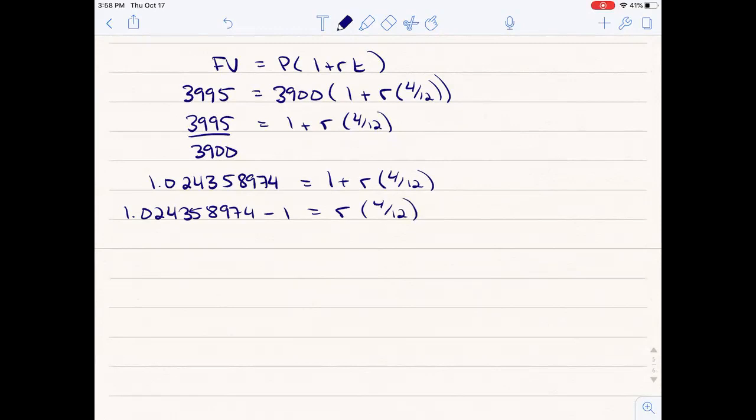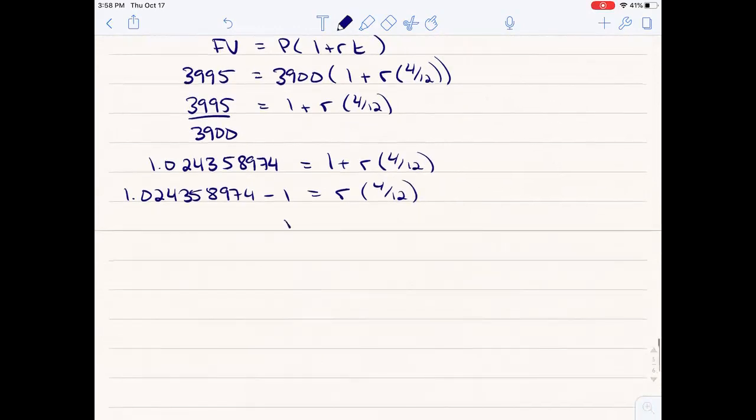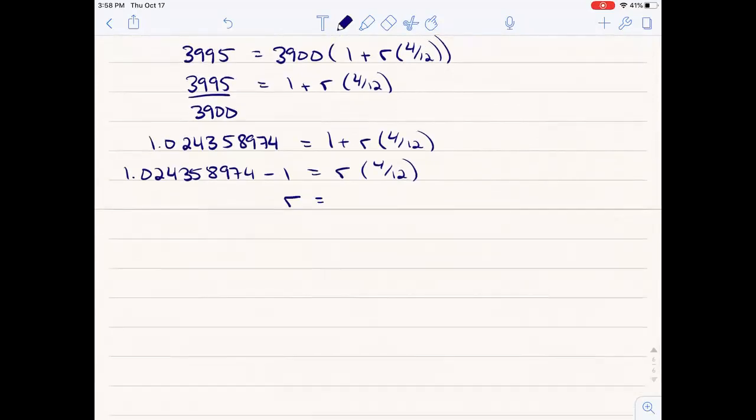So minus 1. And then to get R on its own, even though we've got 4 over 12, I can still divide it over because it's still just a number, right? And so I can divide both sides by 4 over 12. And I get 0.024358974 divided by 4 over 12.